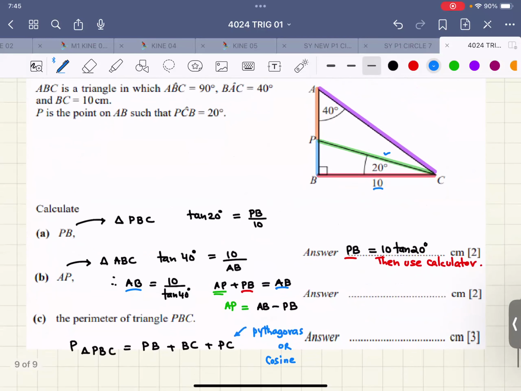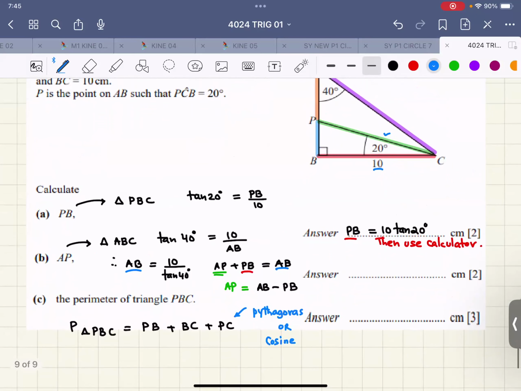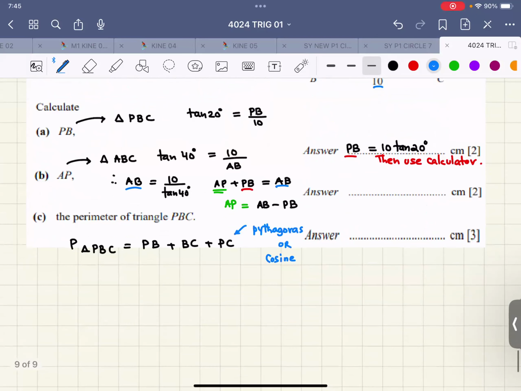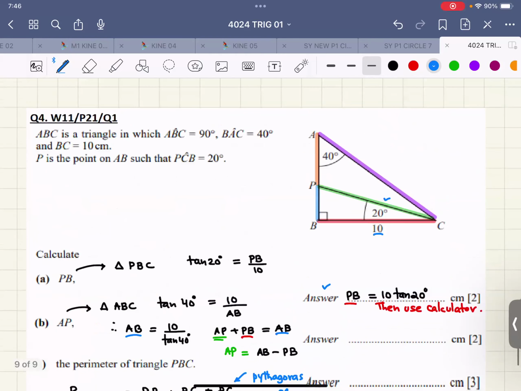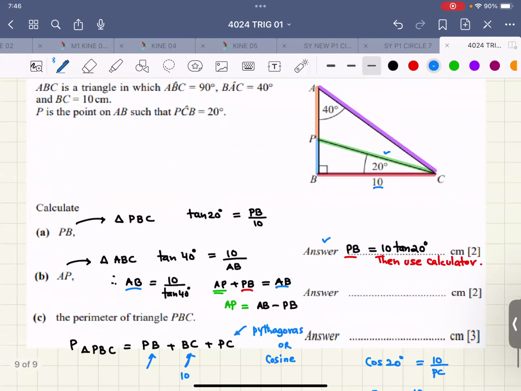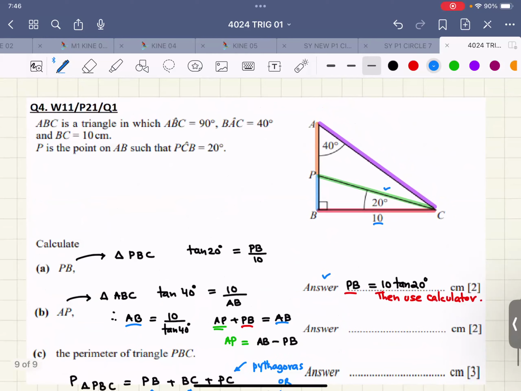So therefore, cosine of 20 degrees is 10 divided by PC. Therefore, PC is 10 over cosine of 20 degrees. BC was given, that is 10. PB was found earlier in part 1. So I did not use a calculator, but did all the steps that are necessary in order to solve this.